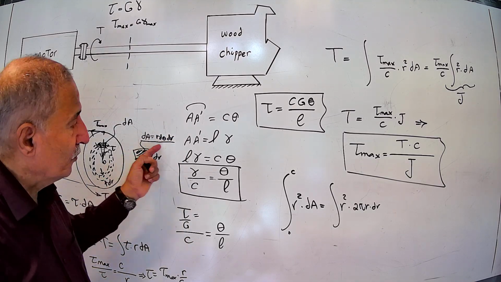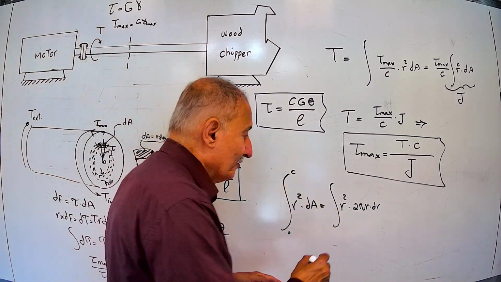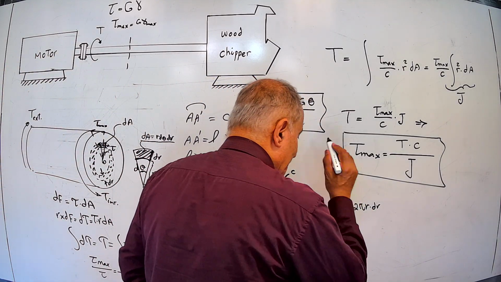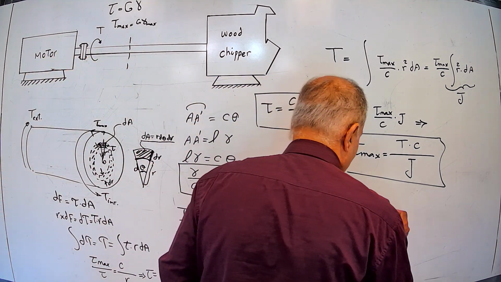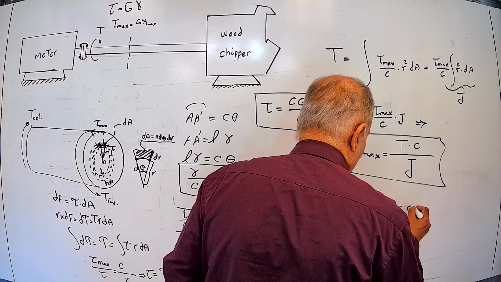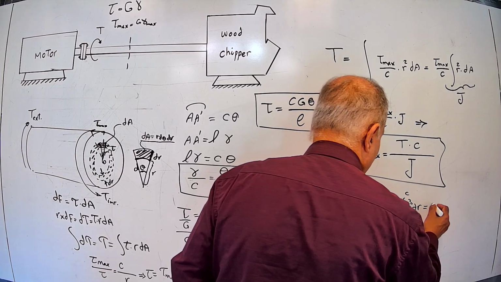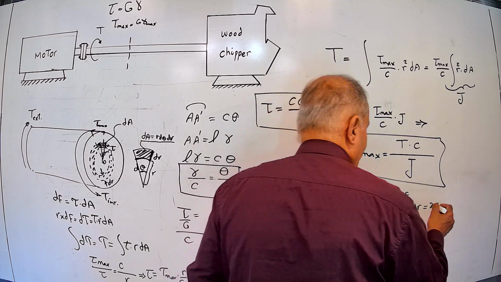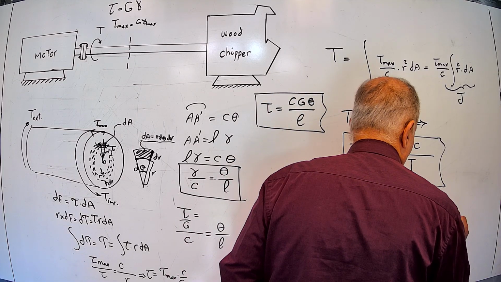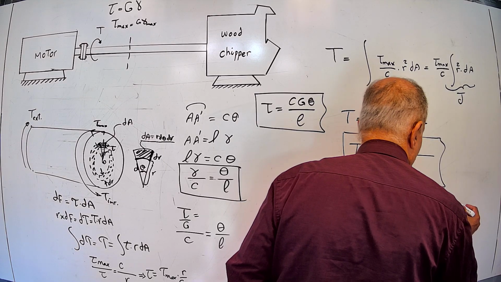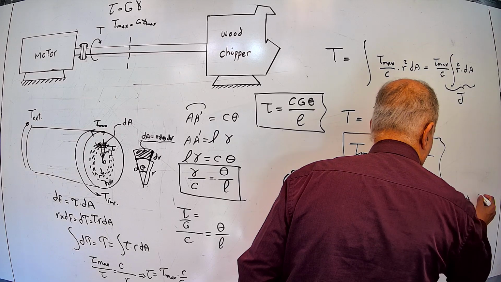I can write this form here, or I can write the ring area here. For the ring area, I take integration from 0 to the full radius. And this is equal to the integral of 2 pi r cubed dr from 0 to C, which is 2 pi r to the fourth divided by 4 from 0 to C, which is 2 pi C to the fourth over 4, that is pi C to the fourth over 2.